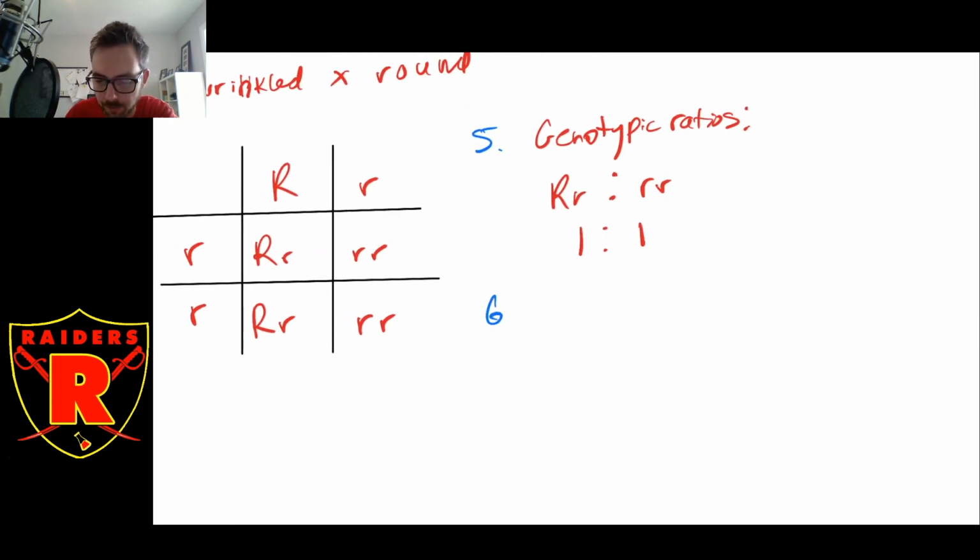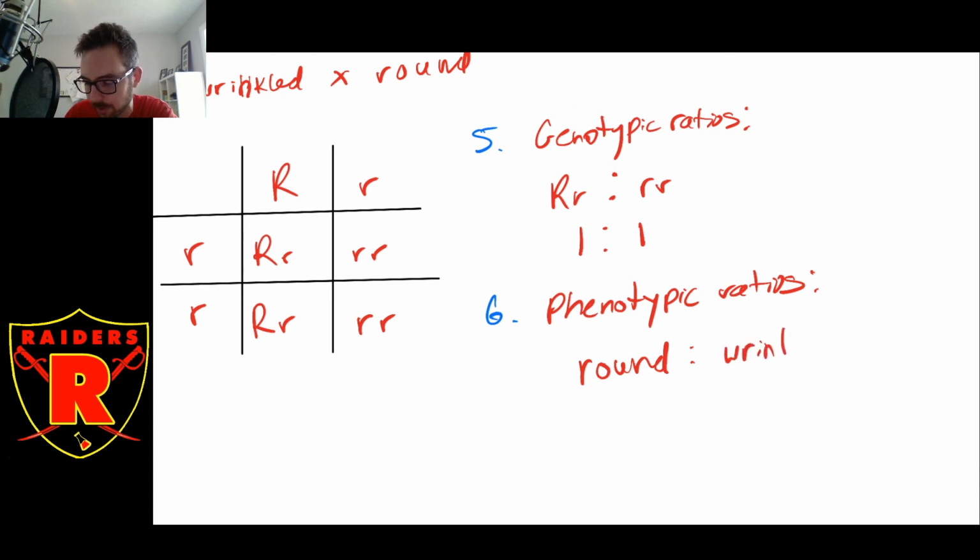And our phenotypic ratios here are, big R, little r is going to come out round, and little r is going to come out wrinkled because it's homozygous recessive. Okay, and that's also going to be in a 1 to 1 ratio.